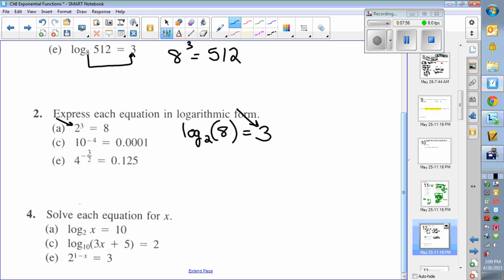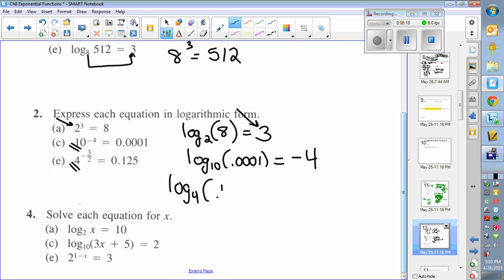Okay, so if we took the log to base 10 this time, because it's a 10 base, so log to base 10 of 0.0001, the answer will come out to -4. And here, log to base 4 of 0.125 is equal to -3/2.